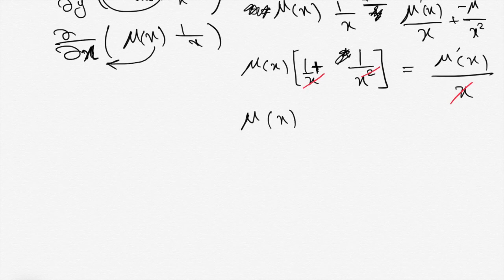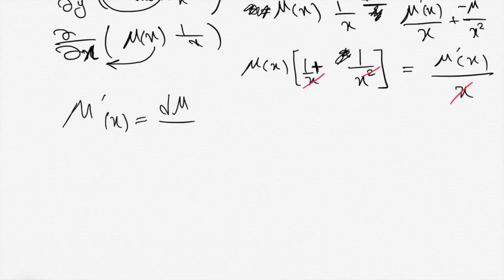Okay, so what else? So I again have a differential equation here, right? So what is mu prime? Mu prime of x is equal to d mu over dx, right?